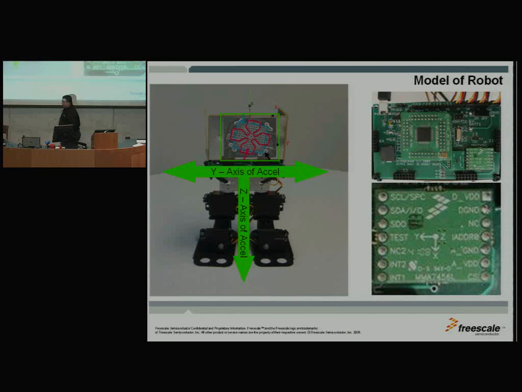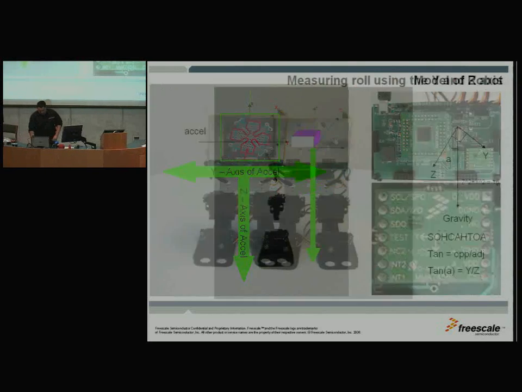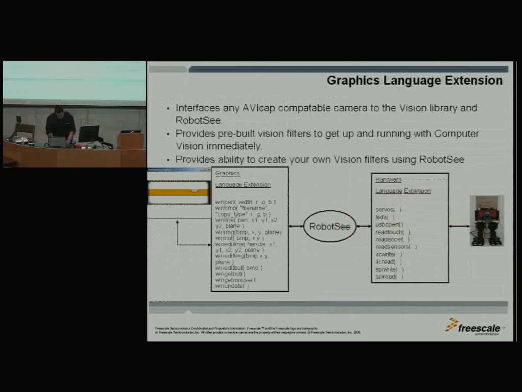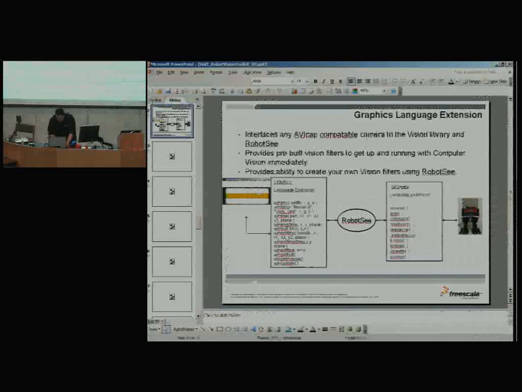And I'll do a little demo here. So what I've got is that 3-axis accelerometer in the top of the head. And let's go ahead and do a demo using the robot. Oh, let me get this here.